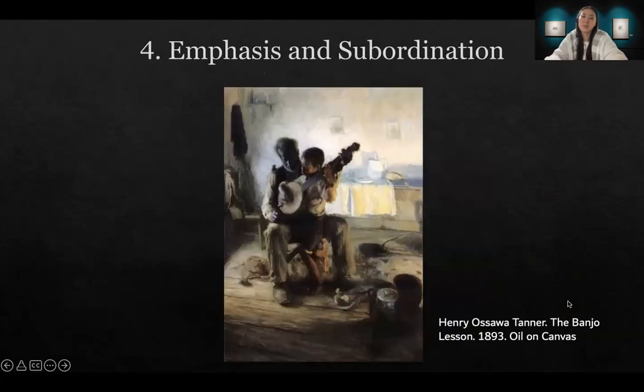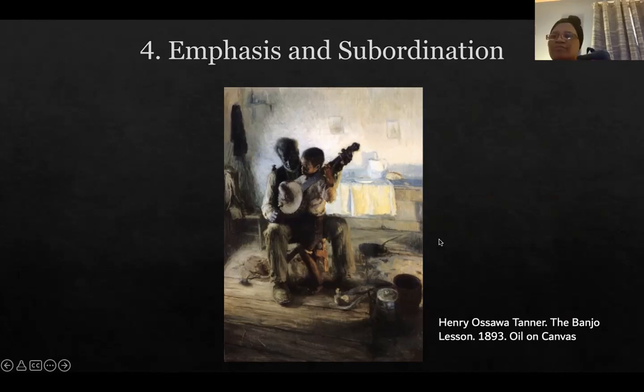And the next example. Which one is the emphasis area? The middle, the people in the middle. The old man and the young man. So these are the emphasis part. Then who is the focal point between them? The little boy.